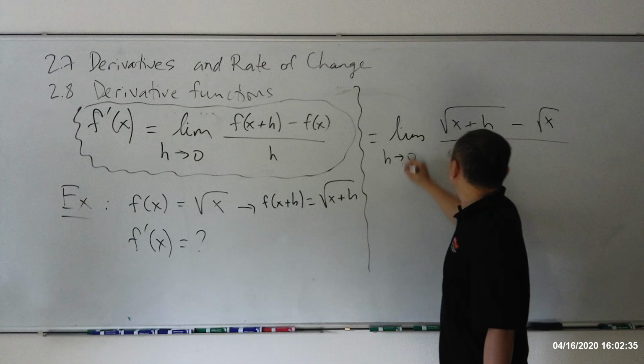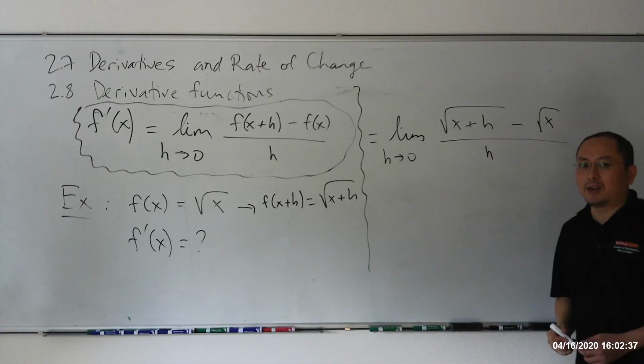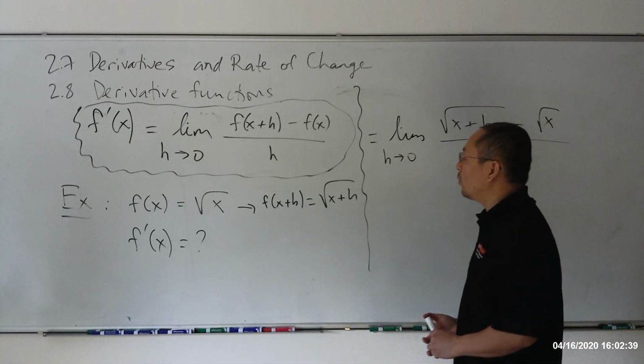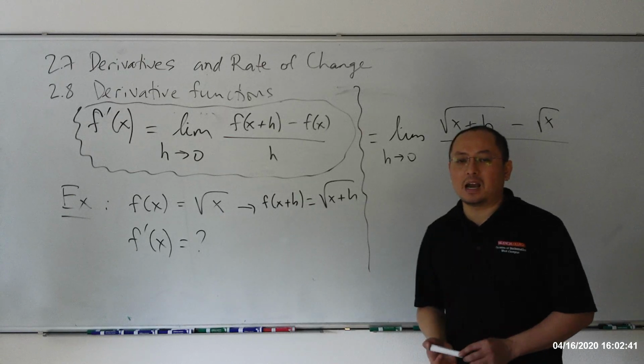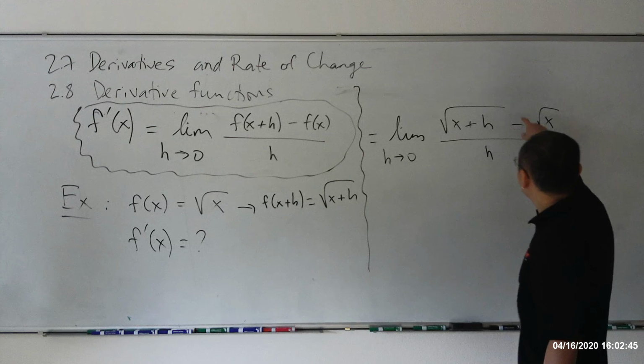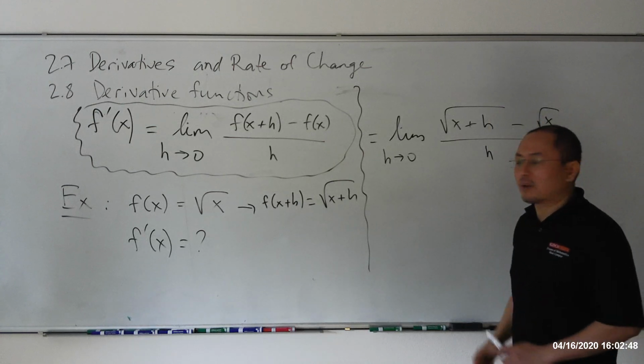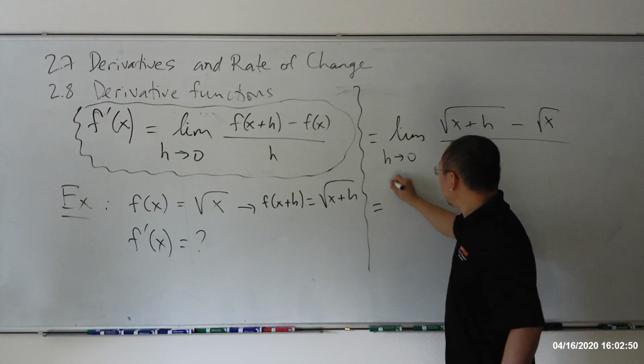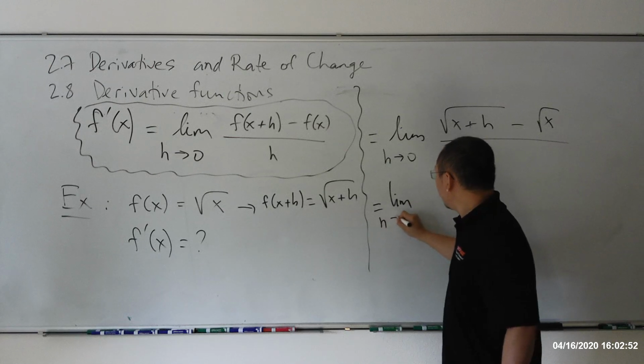Now, this limit has two radicals on the top, and one of the very useful techniques that I showed you last time from the previous section was to multiply by the conjugate to get rid of radicals. So let's do it. Limit h approaches 0.